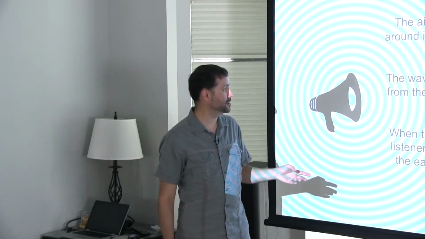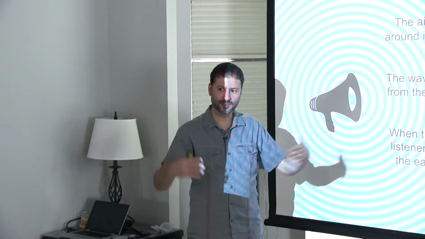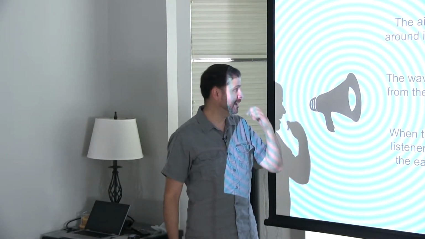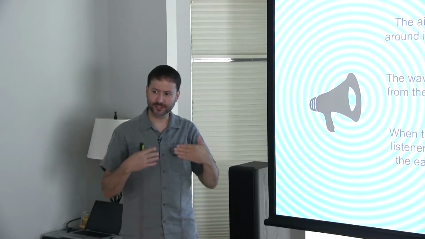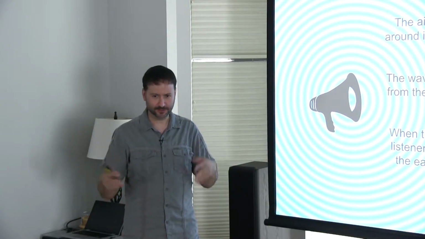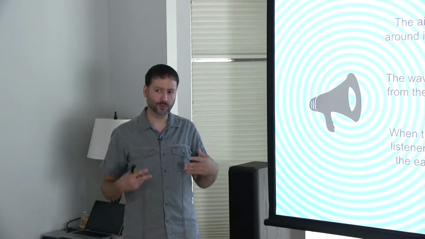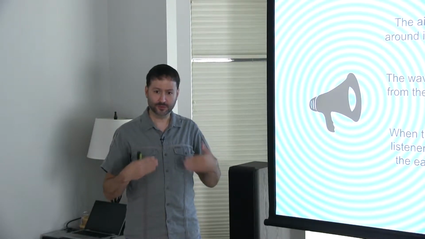Sound does the same thing, and it travels through the air at the speed of sound, and when it reaches our ear, the changes in air pressure push and pull on our eardrum, and that movement is linked to our inner ear, which I'm not going to get into, but we hear it because the air pressure moves our eardrum.